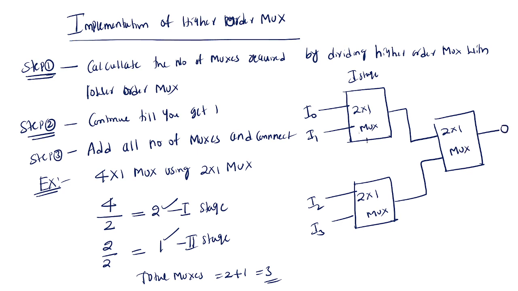Okay. Common selection line is there. So this is S0 and this is S1. Enable is optional, it may or may not be there. But mainly you need to indicate the inputs and selection lines.